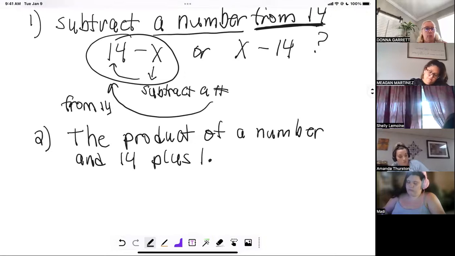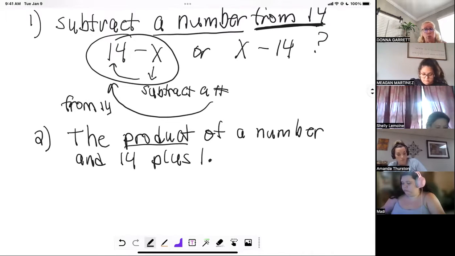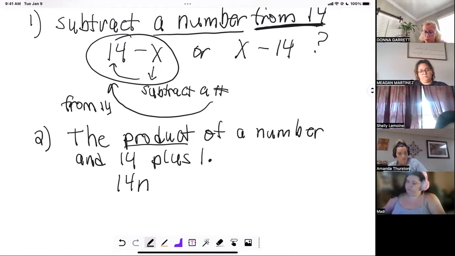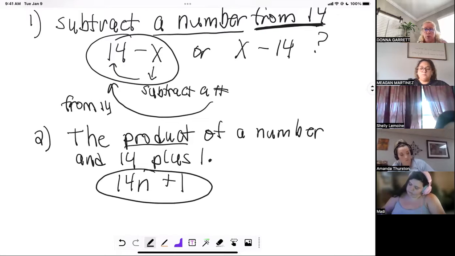Product means multiply. So the multiplication of a number and 14, and 14 goes first because we're multiplying them, plus 1. The product of a number and 14 plus 1.